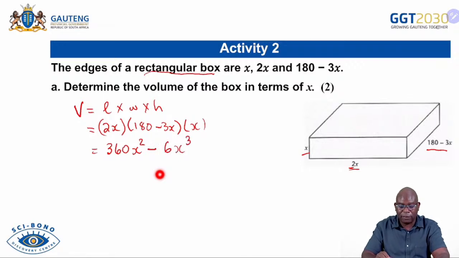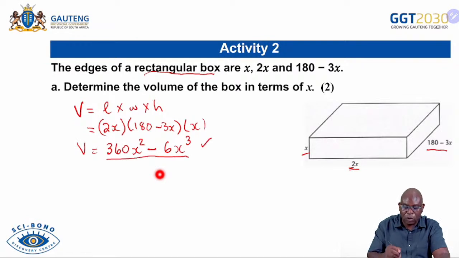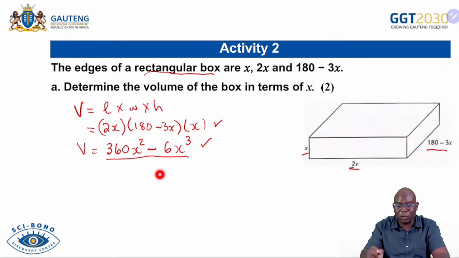So it's 360x squared minus 6x cubed. So this is the volume in terms of x. So A is done. It's just going to be substitution and the answer, and that will give you your 2 marks.